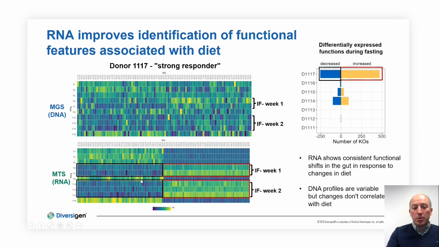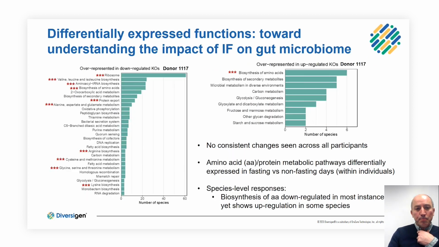Then you go back to your normal diet, it shifts again, and those functions turn on and off. Same thing during the second intermittent fasting. I think it's very exciting because RNA is really able to show consistent functional changes for that donor, but it also shows changes that you cannot see with a DNA-based approach.